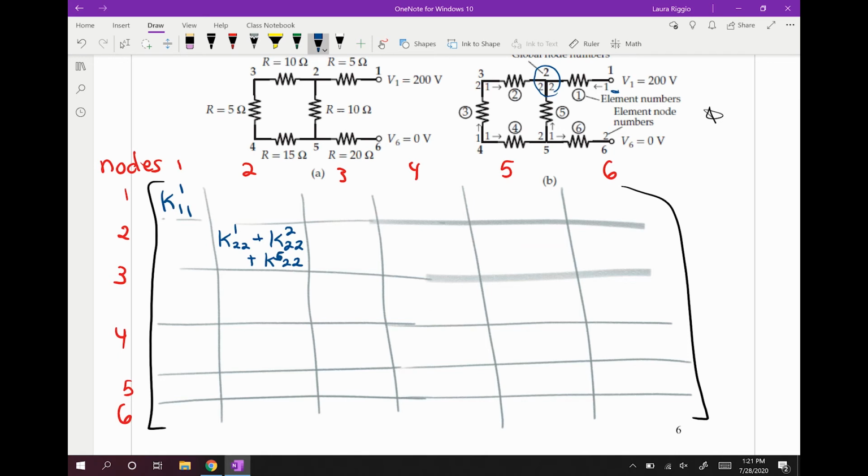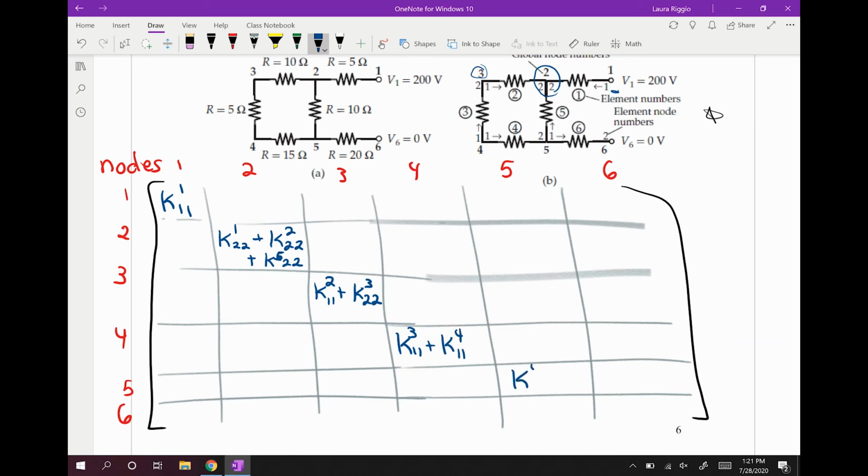If we were to look at global point 3, we have resistor 2, end 1, and we have resistor 3, end 2. And we keep going with 4, we have resistor 3, end 1, plus resistor 4, end 1.